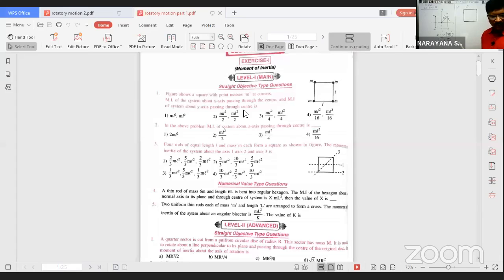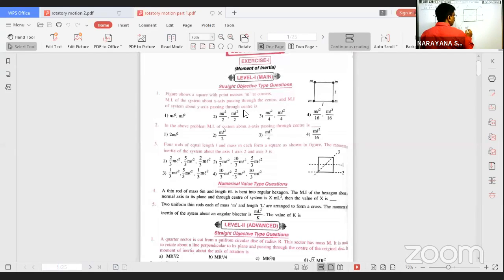The moment of inertia of the system about the first axis. First axis is this one, second axis is this one, third axis is this one. So about the first axis, I1 is equal to, for this axis, which passes through the midpoint of this rod and perpendicular to its length, the moment of inertia is m L square by 12, no?